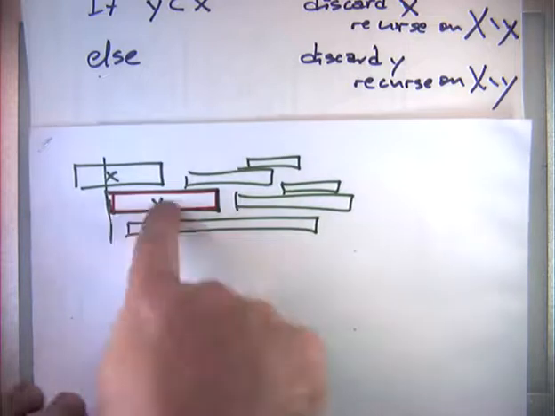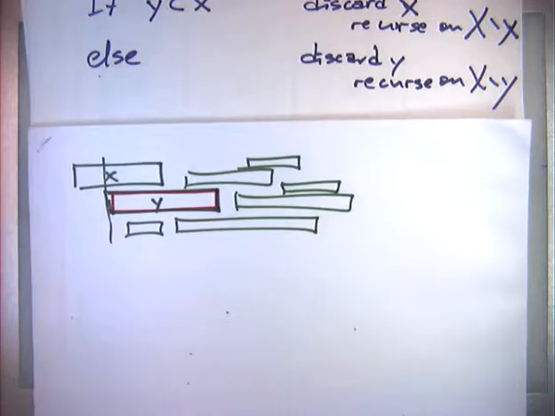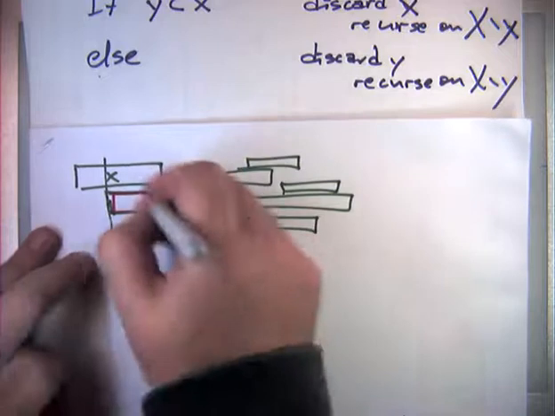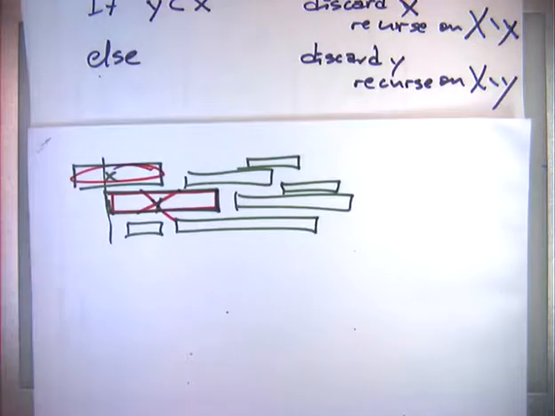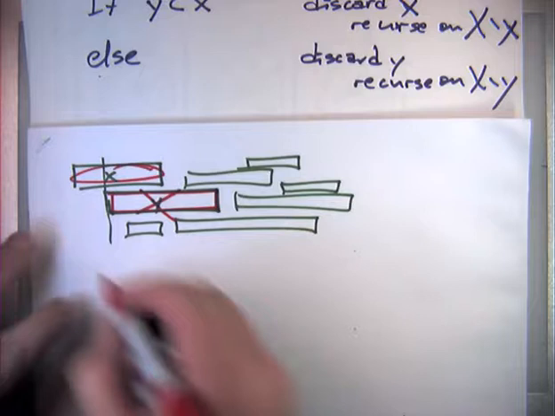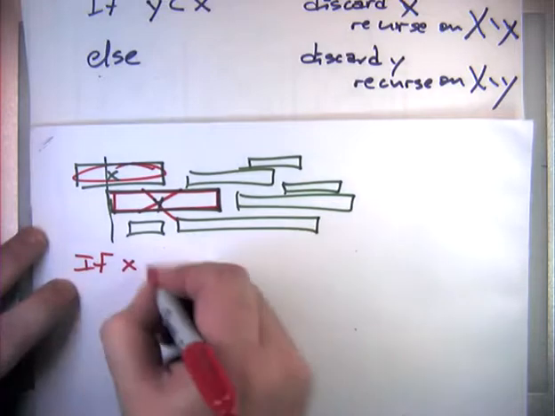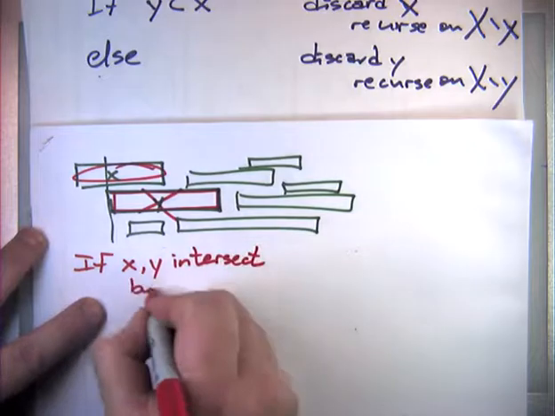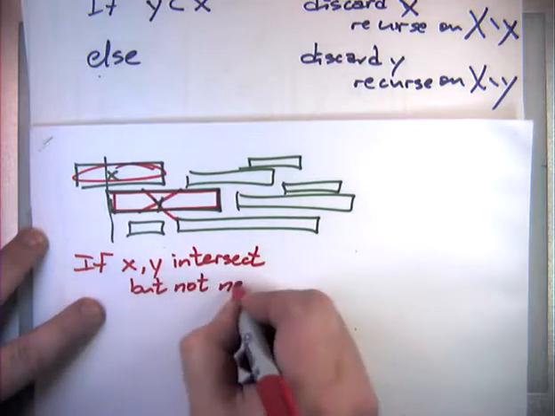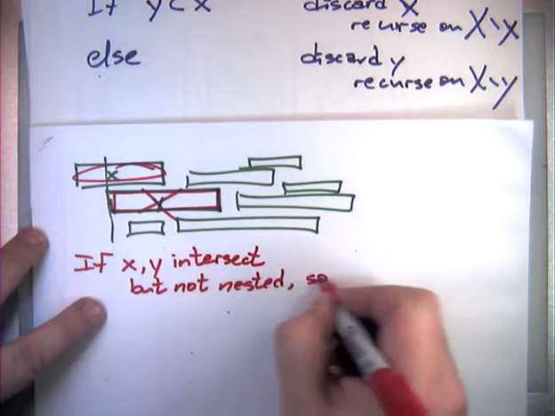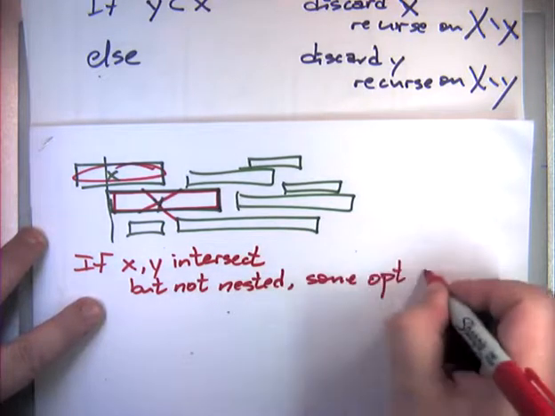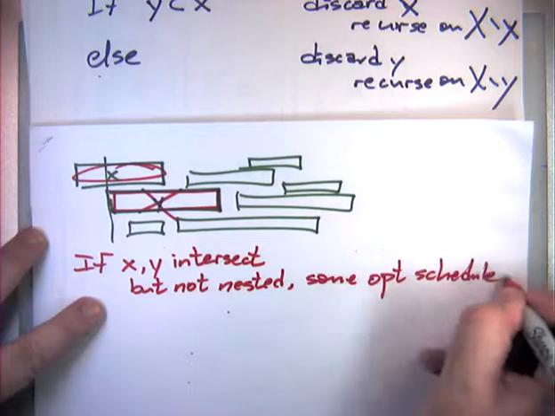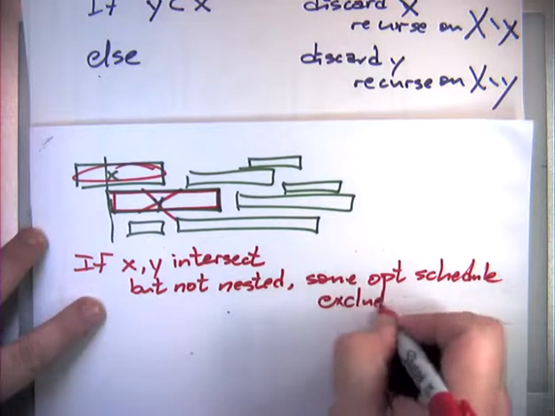Anything that touches X also touches Y. So again, I can throw out Y and include X instead, and I still have a valid schedule. So if X and Y intersect but are not nested, some optimal schedule excludes Y.